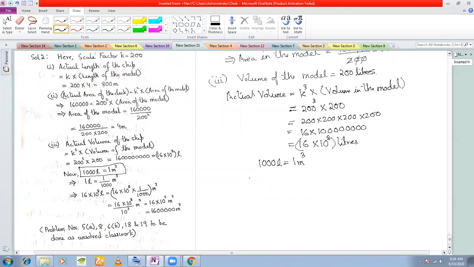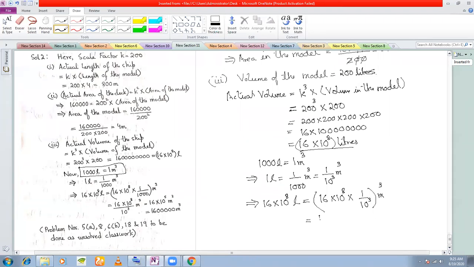That means 1 liter is equal to 1 by 1000 meter cube, which is 1 by 10 cube meter cube. So 16 into 10 to the power of 8 liters must be equal to 16 into 10 to the power of 8 into 1 by 10 cube meter cube.